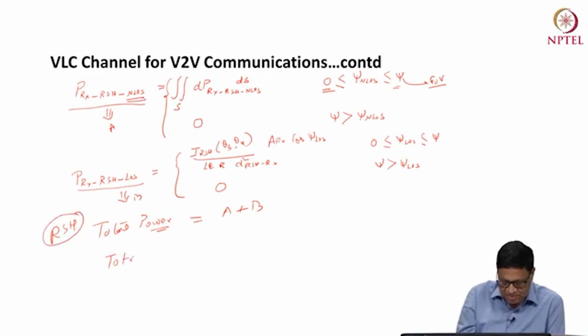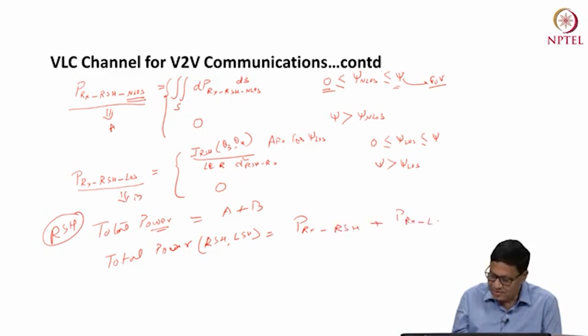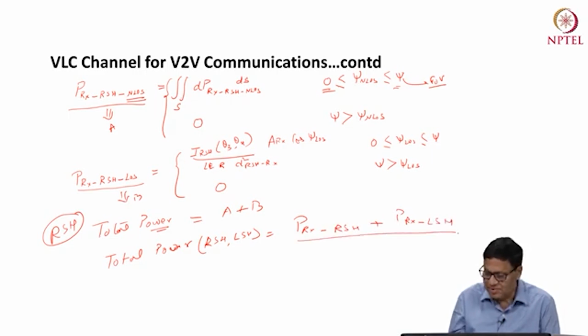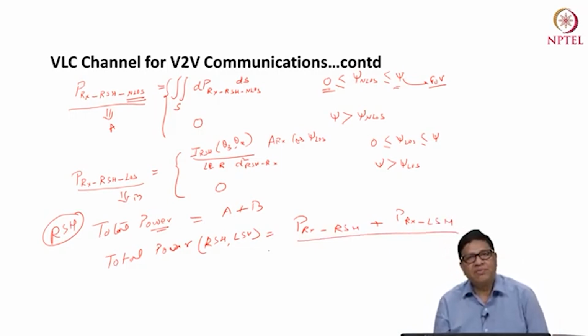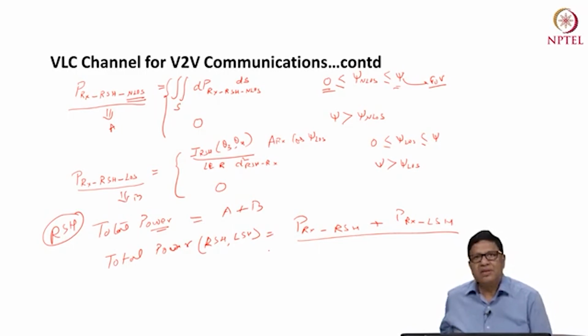So the total power which is both from RSH and LSH, right side and left side headlamp, will give P_RX-RSH plus P_RX-LSH. So this is the total power you get onto the receiver from left hand and right side lamps. So this is how one has to calculate the power which is getting received at the receiver.